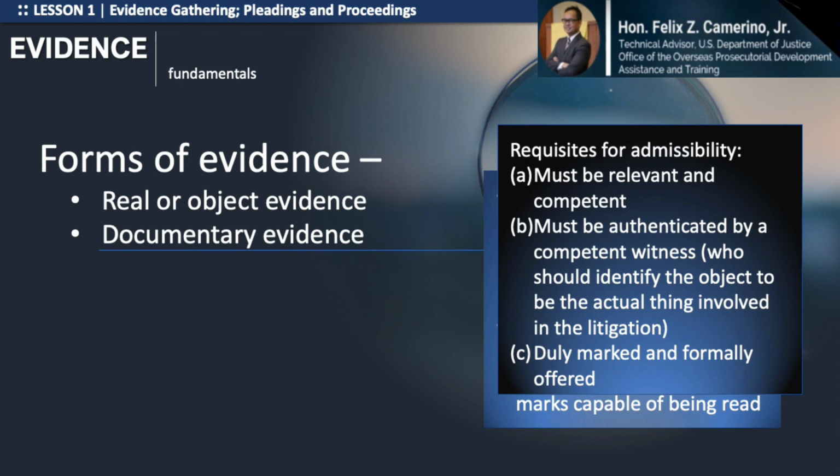Okay. So going back to the requisites for admissibility, as I said, as long as you're able to get it authenticated, and for electronic evidence and digital evidence, there is a special process, even if they're deemed as documentary evidence.